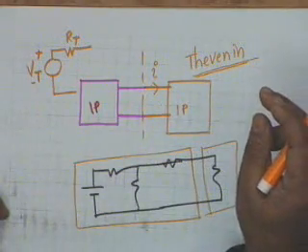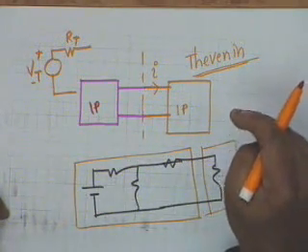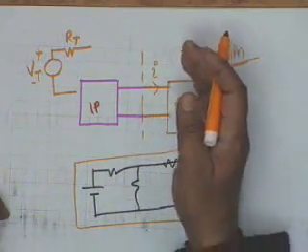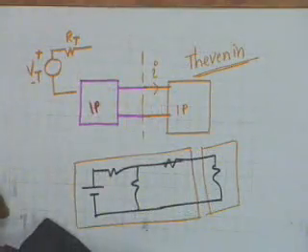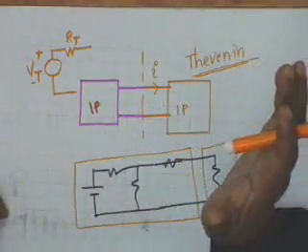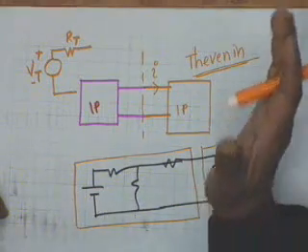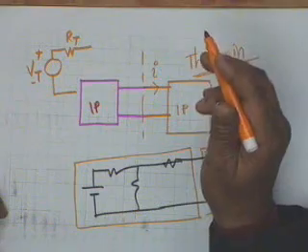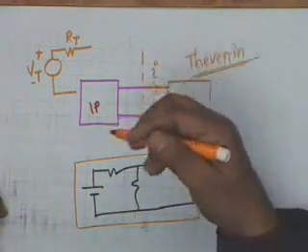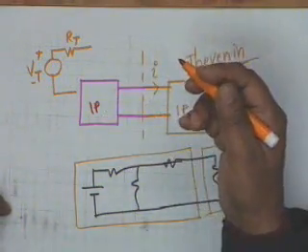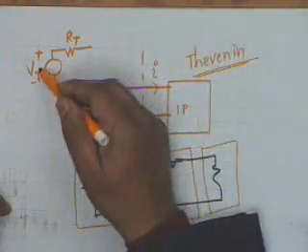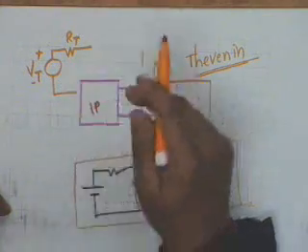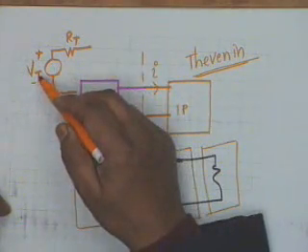Thevenin's theorem states that in so far as the load current is concerned, one of them can be considered as a load, the other can be considered as the driver, and Thevenin says in so far as the load current is concerned, an arbitrary one port can be replaced by an equivalent voltage source in series with an equivalent resistance. The subscripts T should be clear. T stands for Thevenin. The question is, what is Vt and what is Rt?